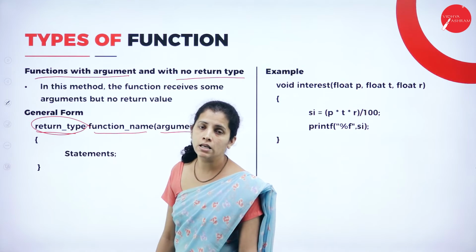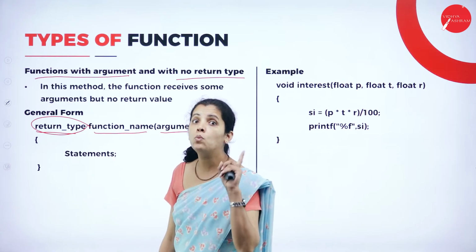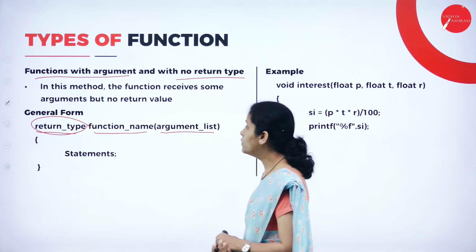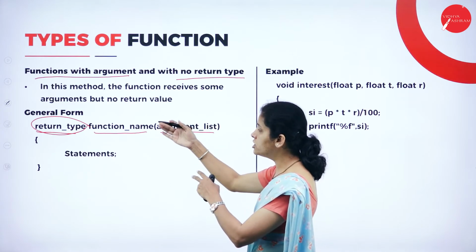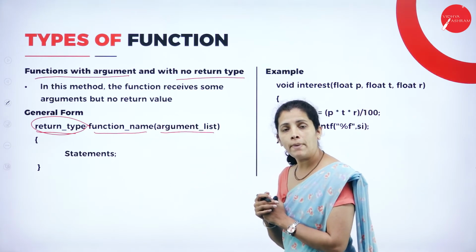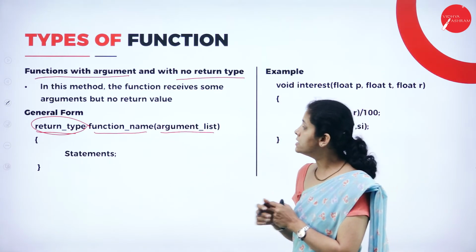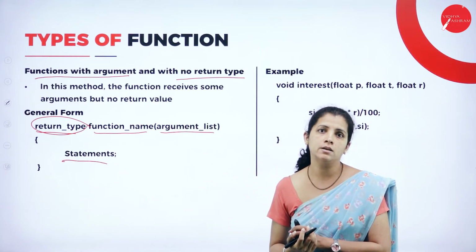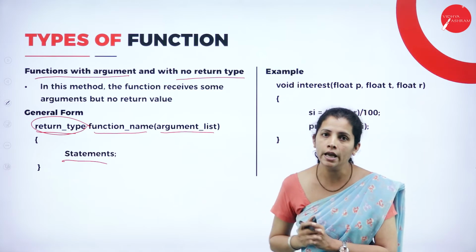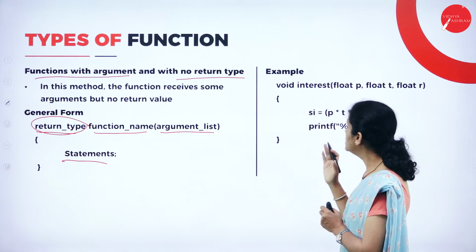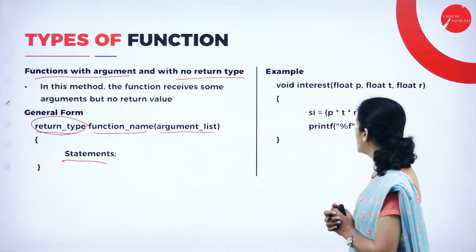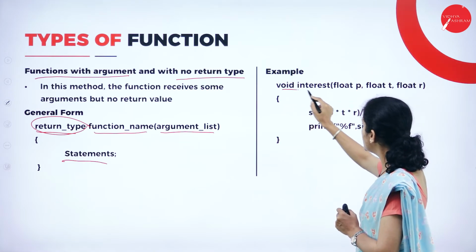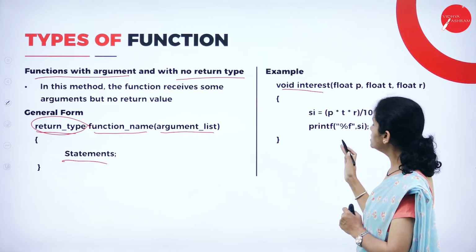So, what is my return type here? That is nothing but void. And I'm going to have the function name along with the parameter list. See the difference here. I don't have any return statement because I'm not going to return any value. Now, if I consider this example, see here, same function, but what is the difference?